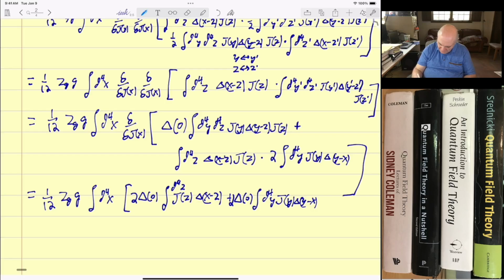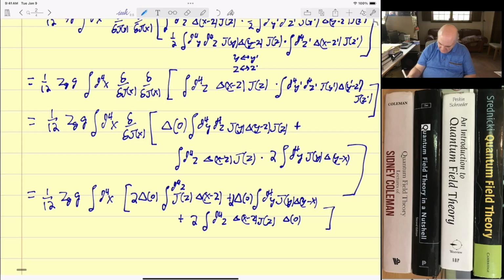And then finally I have also this term times the functional derivative of this term. So now I get 2 plus 2, the integral of d4z del x minus z jz. When I take the functional derivative of the last term, again, it gives me a Dirac delta of y minus x, and then it replaces y by x, and I get del 0. So I get times del 0.